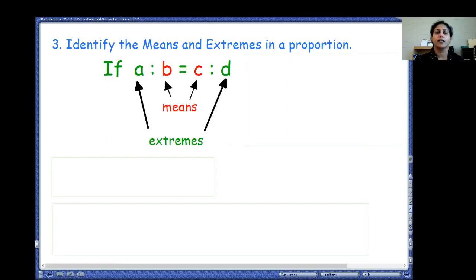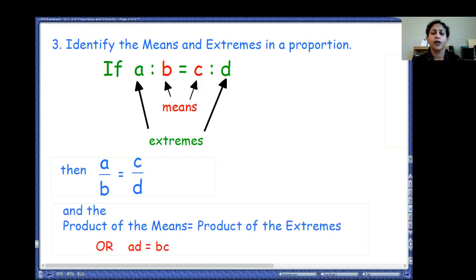You're going to look at it and say, if A is to B as C is to D, and here A and D, because they're on either ends, are known as extremes, and B and C are in the middle, they are called means. If A is to B as C is to D, then we can say that A over B is equal to C over D, and we can do cross products to find AD is equal to BC.